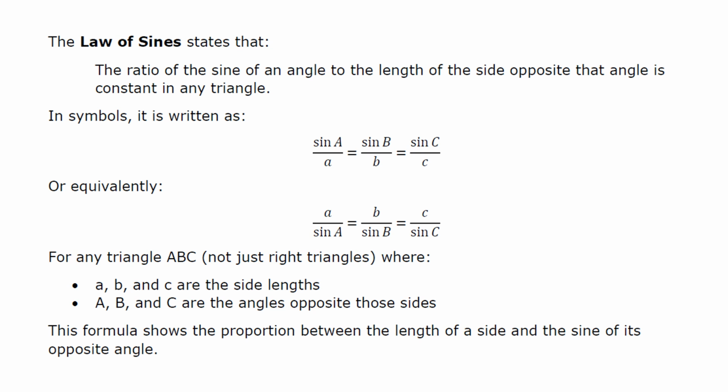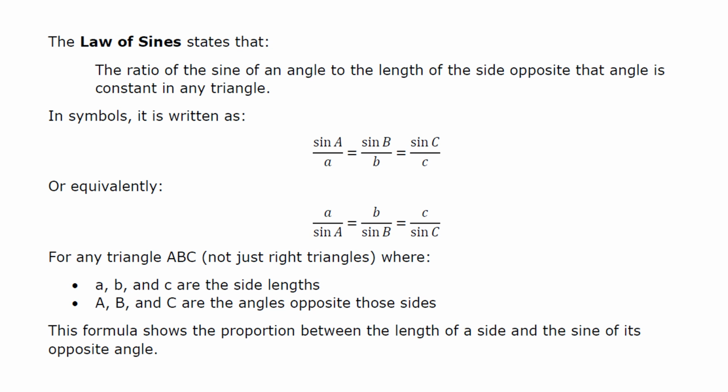So for any triangle ABC, not just right triangles, where lowercase a, b, and c are the side lengths, and uppercase A, B, and C are the angles opposite those sides. This formula shows the proportion between the length of a side and the sine of its opposite angle.